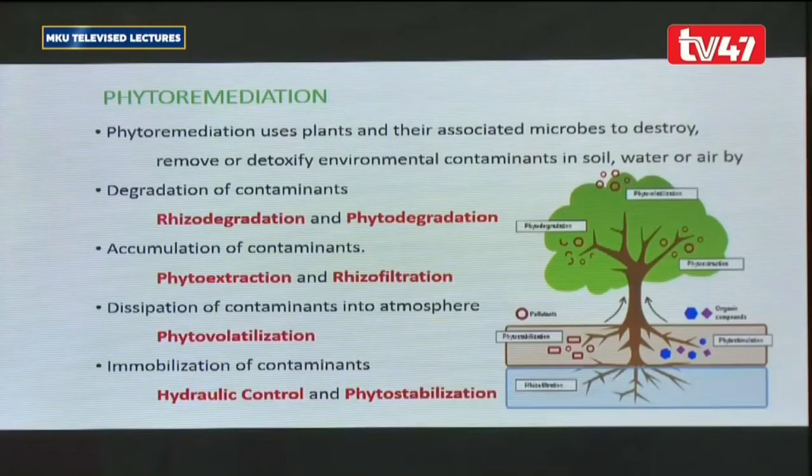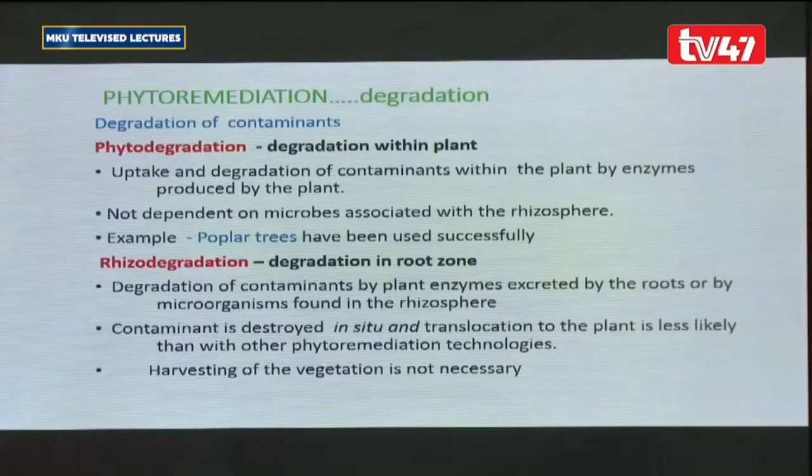Then you have phytostabilization, where the contaminant is immobilized around the roots, and hydraulic control, which we are going to see what it involves. So if we quickly go through, phytodegradation, like I said, is degradation, but the key difference is that here, the enzymes that are used to degrade the contaminant are produced by the plant, and they're not produced by the microorganisms.